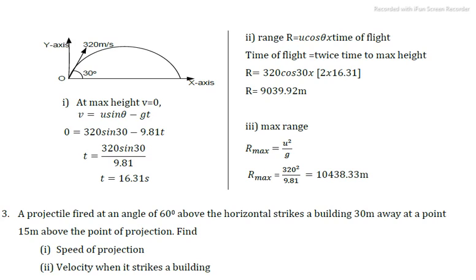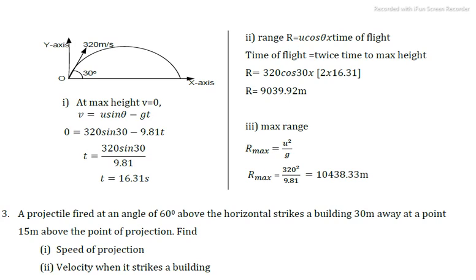Therefore, if we substitute in the first equation of motion, which is v equals u plus at, our u is u sine theta because we are taking the vertical component of velocity. Then a is negative g because it is moving upwards. So when we substitute, we shall get our time as 16.31 seconds.